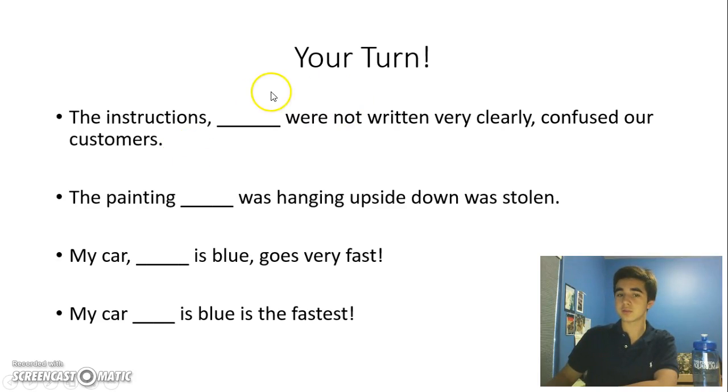Well, that is used only for necessary information in the sentence. And "the instructions confused our customers" is an okay sentence, because what are they? The instructions confused our customers. It is very specific. Now when you say which, you're just adding in this additional information of were not written very clearly.